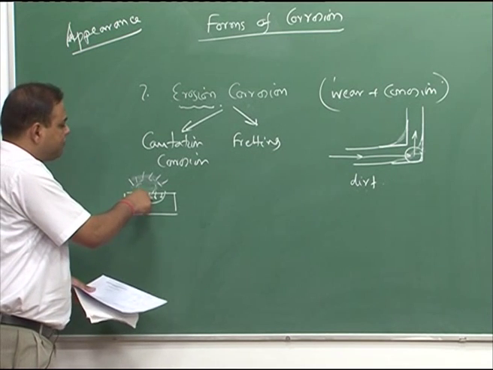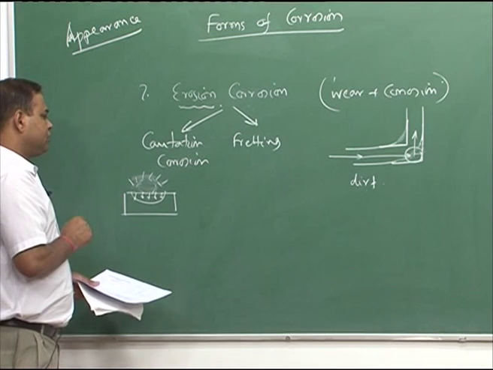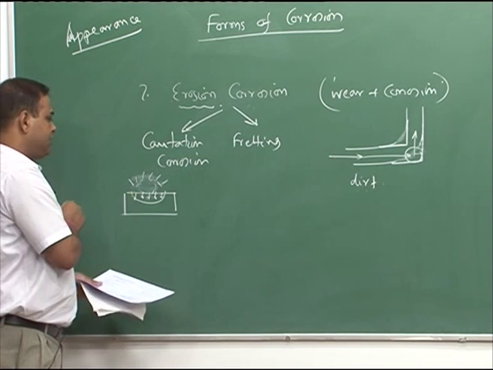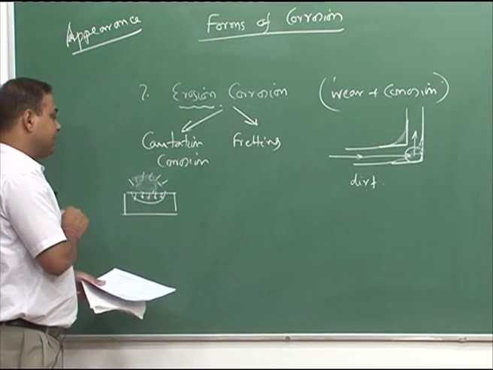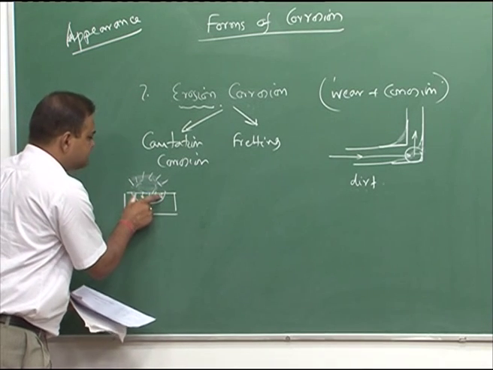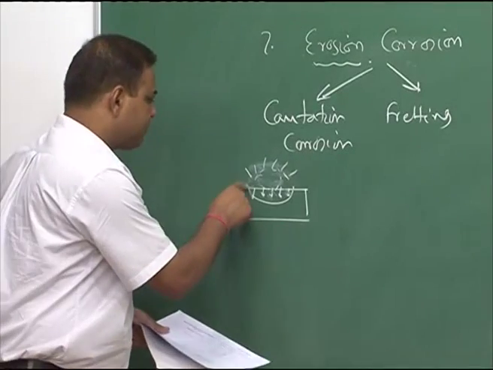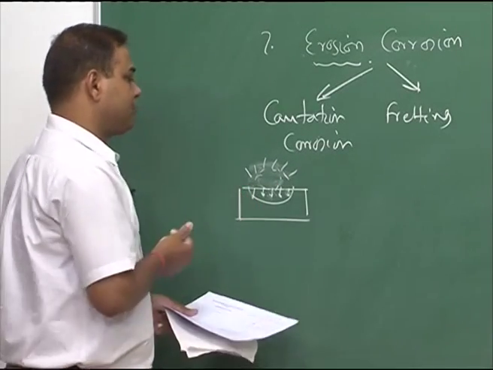If there is a deformation, then this can act as anode, so corrosion will happen here. If it is a passivating metal, then the passive layer will be broken here, so this part will be exposed to the fresh solution. So, again the oxide layer or passive layer will form.